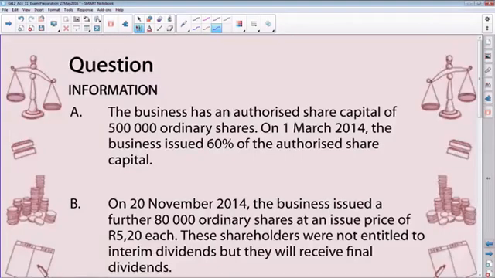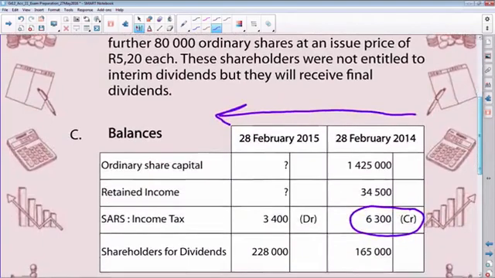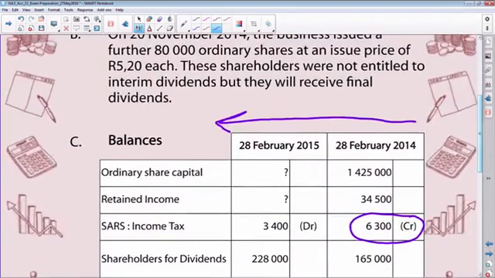Okay. Then, number 2, look at my SARS income tax account again with regards to the information. What do I know? The closing is a debit balance of 3,400. A debit balance. That's right, grade 12s.